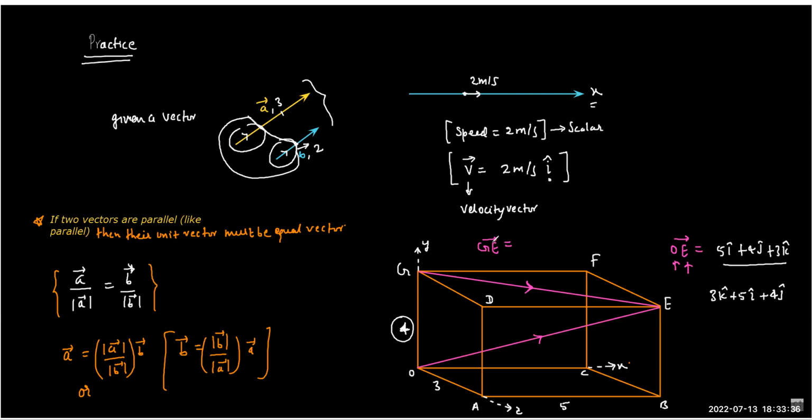To reach G to E, how many steps do you need minimum? So two steps. Very good. So how are you going to walk? Tell me. So 5 I cap plus 3 K cap. Exactly. That's correct. So the GE vector turns out to be 5 I cap and 3 K cap.